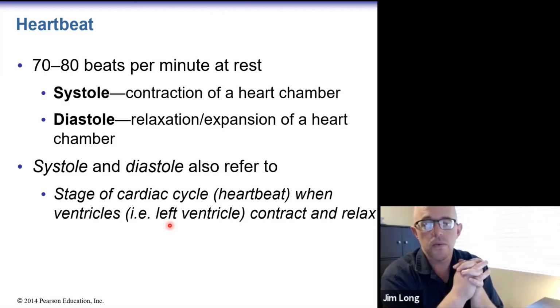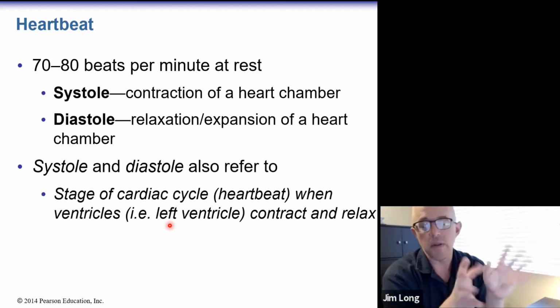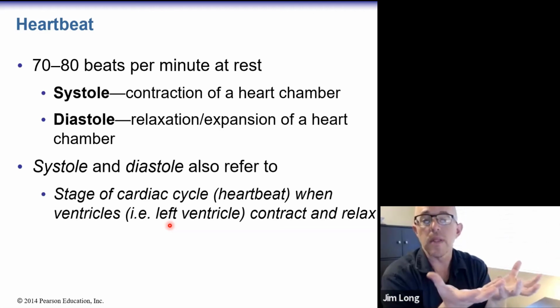So if we just use the word systole or diastole, usually we're referring to the ventricles, and most often to the left ventricle, even though the left and the right ventricle contract basically at the same time. But we can be more specific. If we want to talk about when the atria are contracting, we can say atrial systole and atrial diastole.